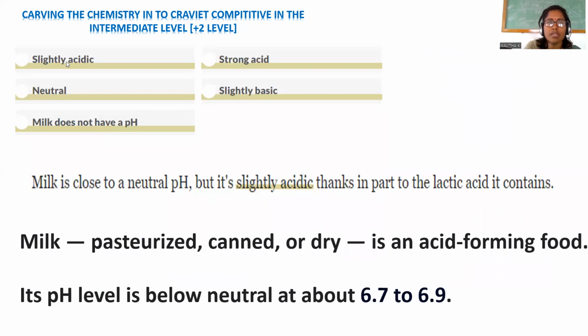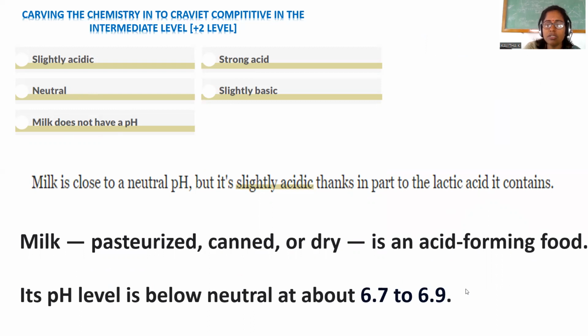The options provided are: slightly acidic, strongly basic, neutral, slightly basic. As everybody is aware, milk contains lactic acid. Because of the presence of lactic acid, a slightly acidic nature is imparted to it, and the pH lies between 6.7 to 6.9.